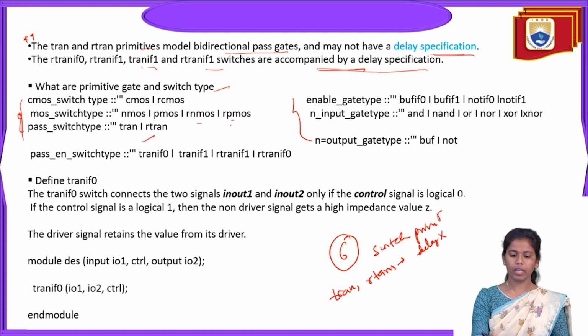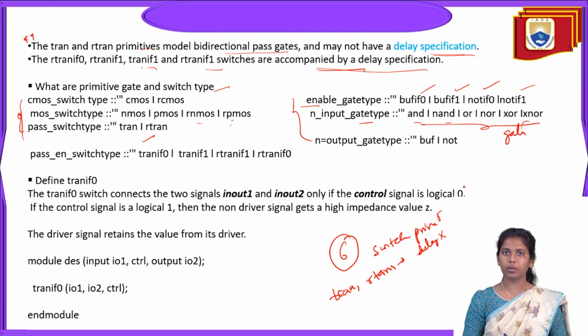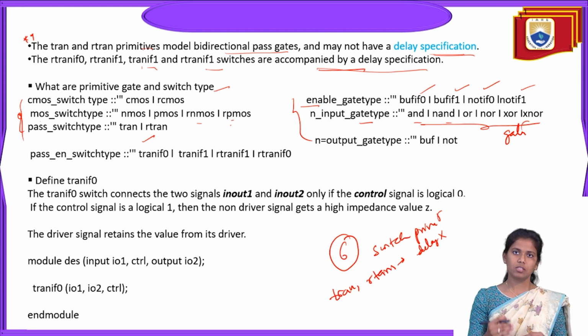Coming to the gate primitives, we have the enable gate types: bufif0, bufif1, notif0 and notif1. Then we have n-input gate types and n-output gate types. In the n-input gate types we have all the basic gates. Why do we call it n-input gate type? Because we can give n number of inputs to such gates.